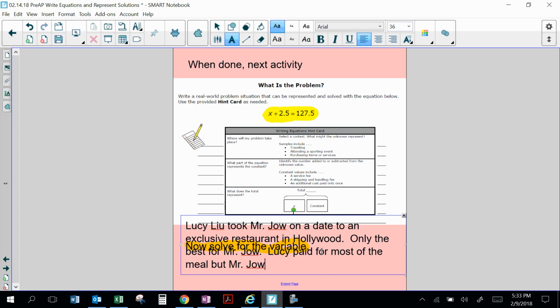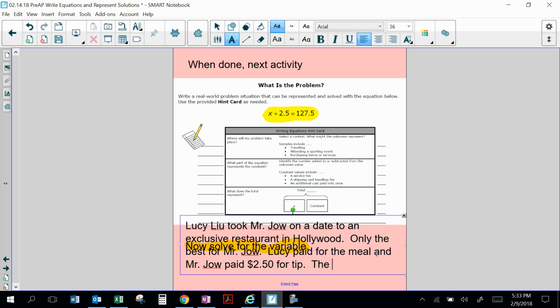let's say Lucy paid for the meal, and Mr. Joe paid $2.50 for tip.